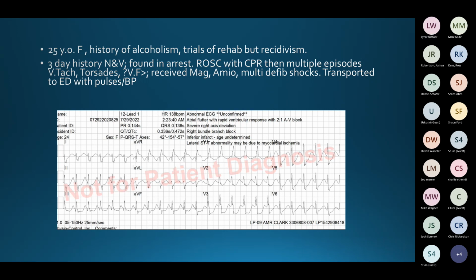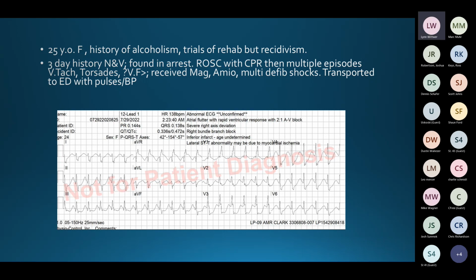And then once again, possibly VTAC or VFib. She received mag, amio, multiple defibrillatory shocks. She was transported to the ED with pulses and blood pressure. She rearrested in the ED. She was treated again with more mag, etc.